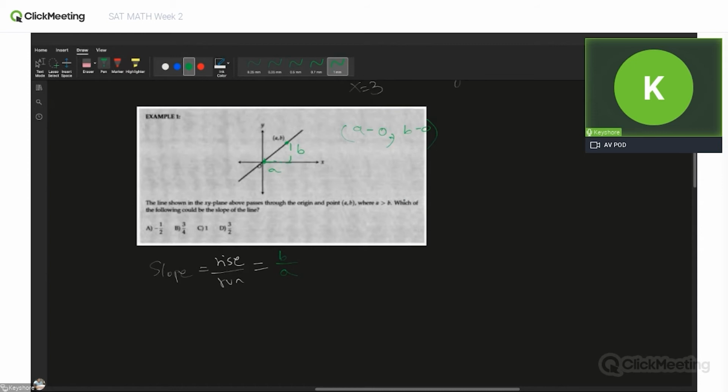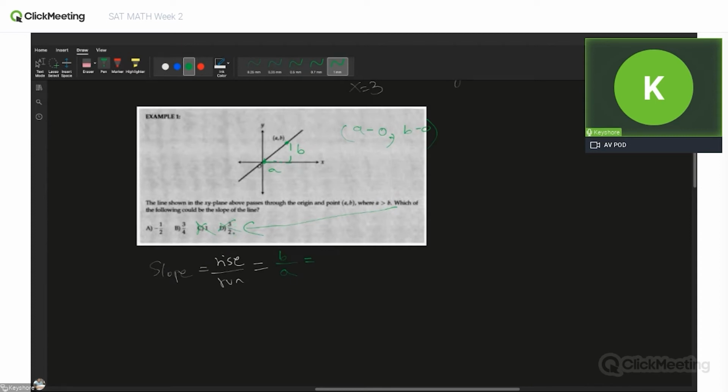Now they tell us that a is greater than b. What does that mean? That means my denominator is greater than the numerator, so our number has to be less than 1. So it can't be 1. 3/2 is not possible. You can even look at the options: 3 over 2, how is 2 greater than 3?